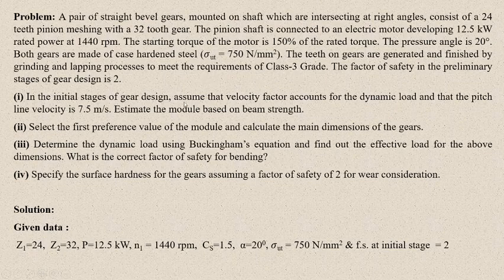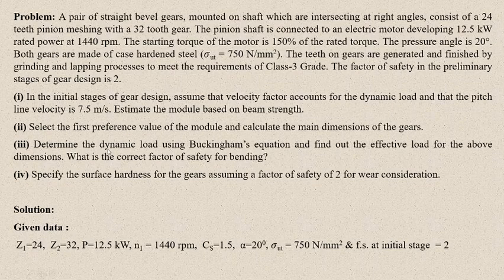grade. The factor of safety in the preliminary stage of the gear design is to determine these 4 points. In the first point, in the initial stage of gear design, assume that velocity factor accounts for the dynamic load and that the pitch line velocity is 7.5 meters per second. Estimate the module. Select the first preference value of the module and calculate the main dimensions of the gears. Main dimension means the dimensions which are responsible for the identification of gear apart from module.